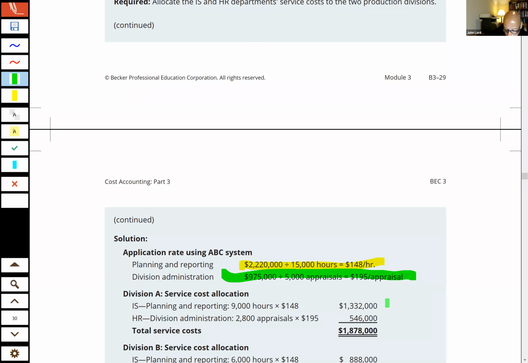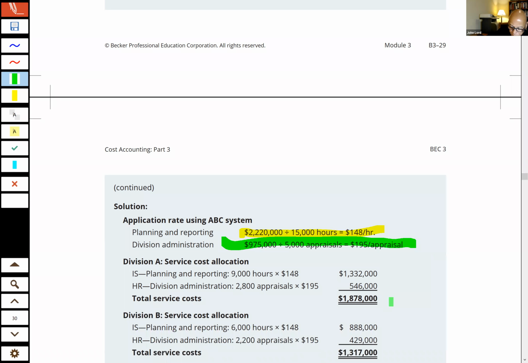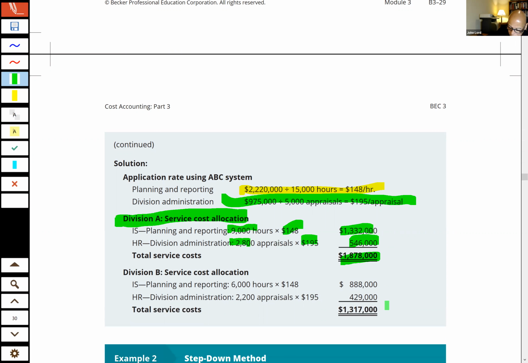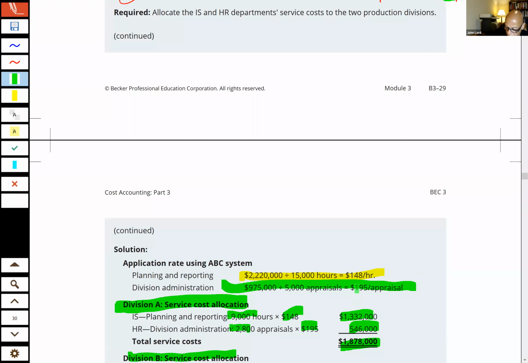And then we just apply that based on how much each division used. Division A used 9,000 hours and had 2,800 appraisals, so we pick up those two numbers and multiply them out. We do the same thing for Division B based on the number of hours they used. Okay, and that's how we apply those.